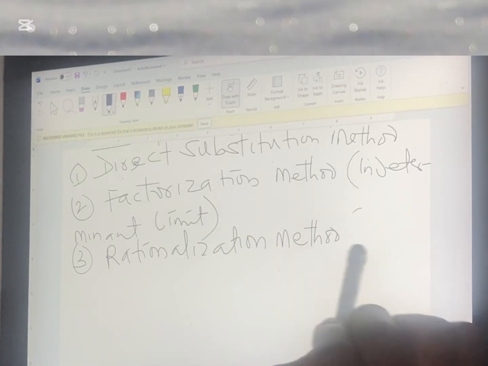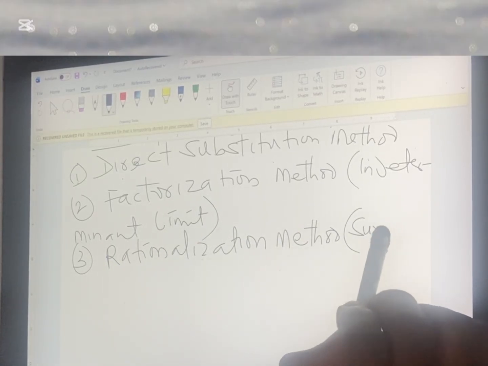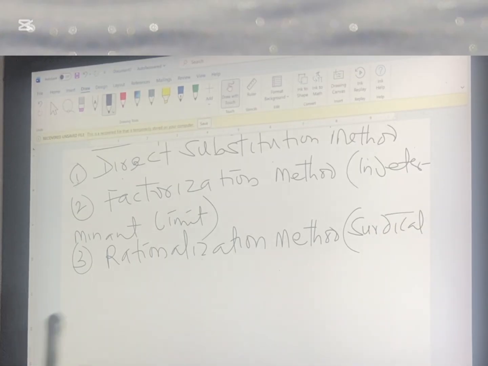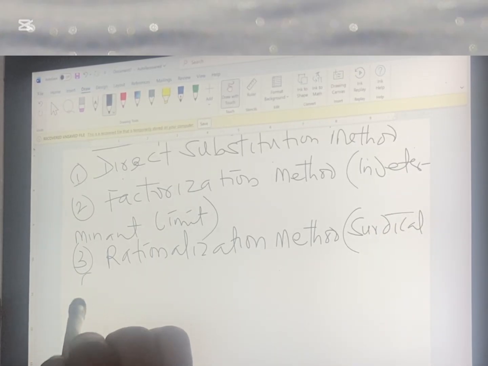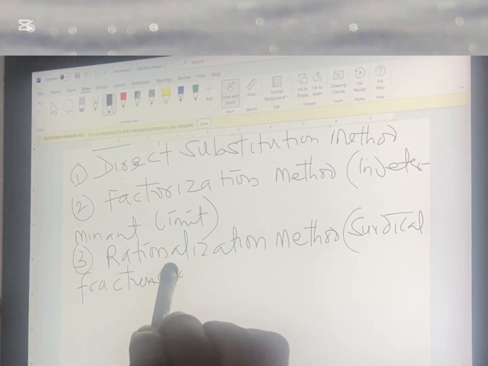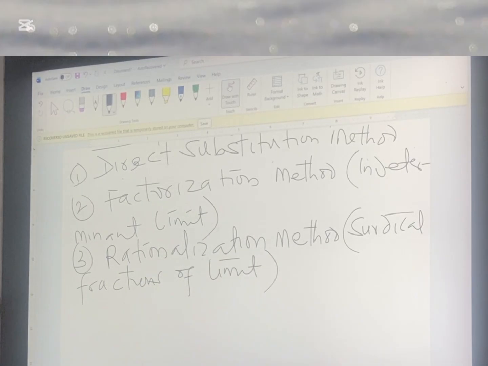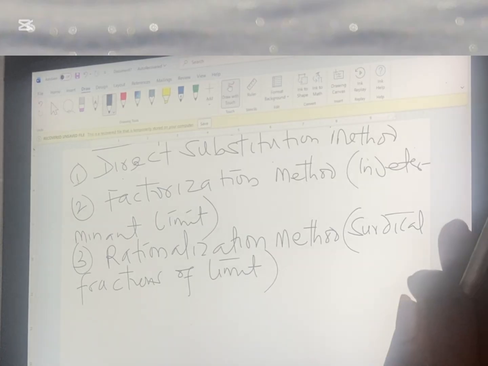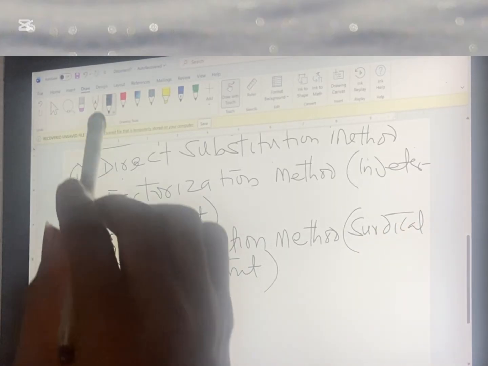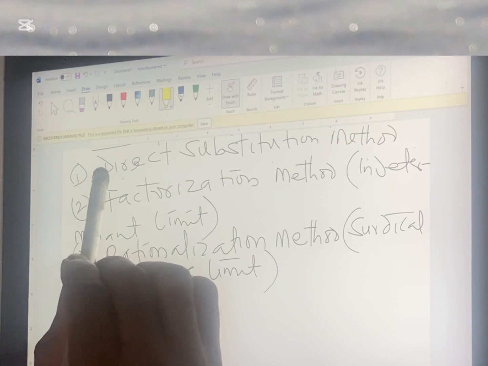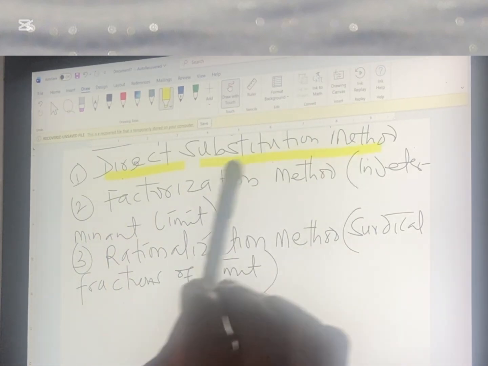We use this for surd fractions of limits. Now these are the methods here, class. The first method is direct substitution method.